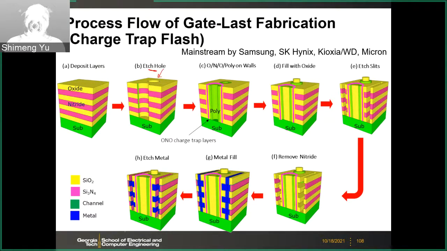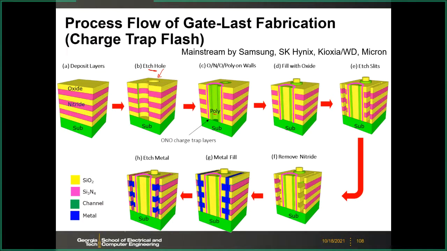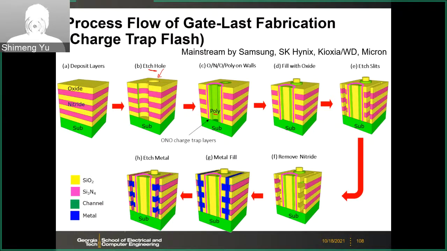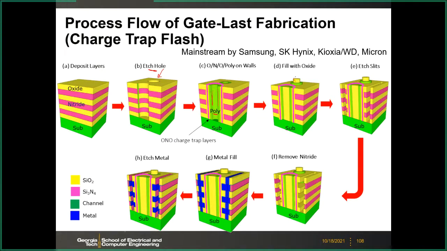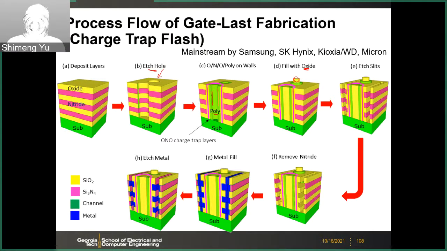So you etch the hole, and then you fill in the hole with the polysilicon channel, and then the ONO structure at the edge. And then you fill in the middle hole with oxide.